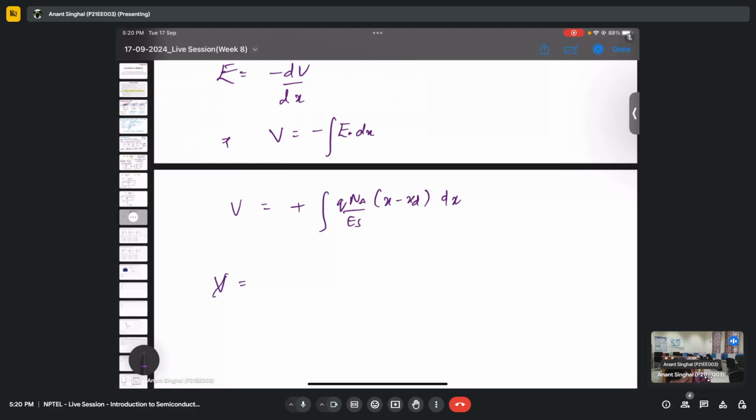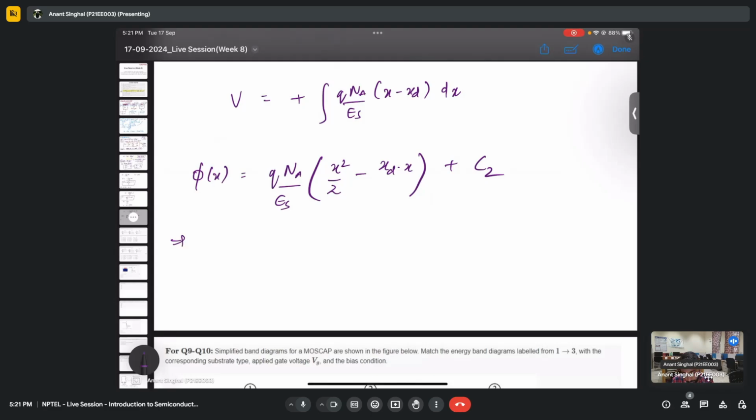Maybe I can denote the potential by phi, or psi of x. So this is QNA by epsilon, x square by 2 from the integration, minus xd times x, plus a constant, let's say C2.